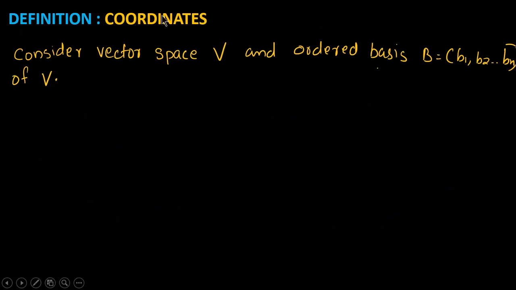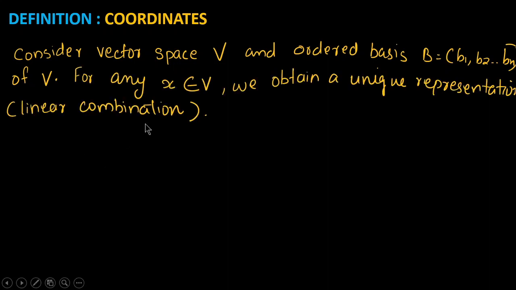Then the definition of coordinates: consider vector space V and the ordered basis B equal to (b1, b2, etc., bn) of V. For any x belonging to V, we obtain a unique representation, a linear combination of the vectors, like this: x is equal to alpha 1 b1 plus etc. alpha n bn.